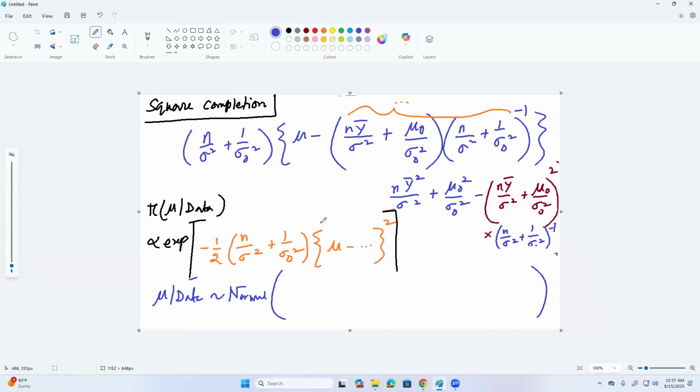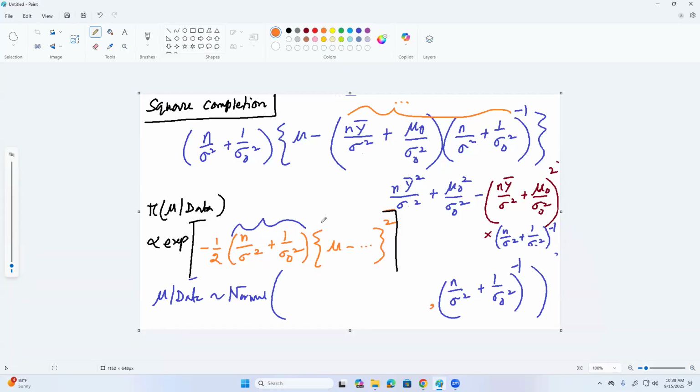And the variance appears in the denominator of the exponent along with 2, right? So here, what is the variance term? The variance term is the inverse of this: n over sigma square plus 1 over sigma naught square, inverse. This is very important. The mistake we make is that we forget to put the inverse sign. It is the inverse of that.